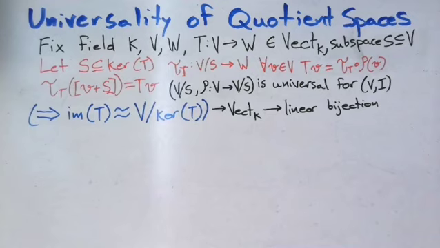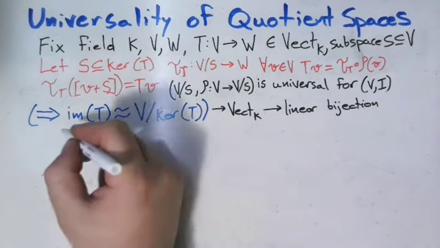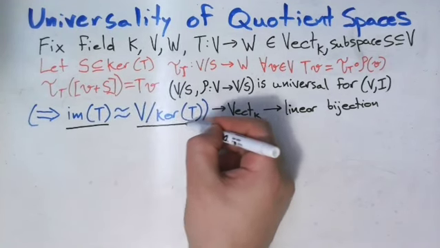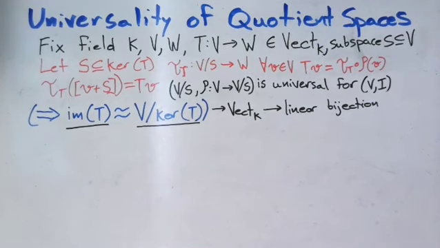Now, in order for there to be a linear transformation between these two, what do we need to check? Well, these both need to be vector spaces, because linear transformations are defined between vector spaces.